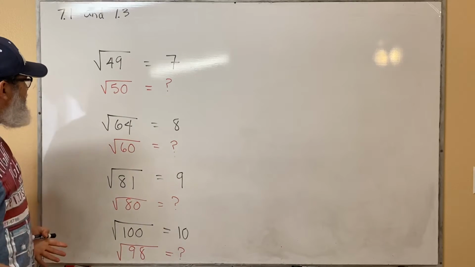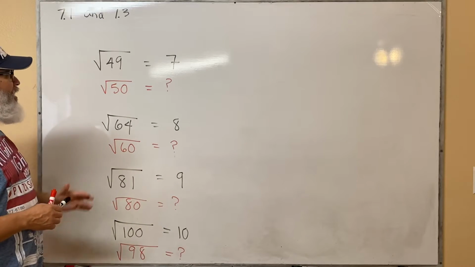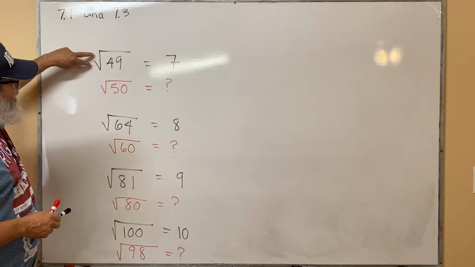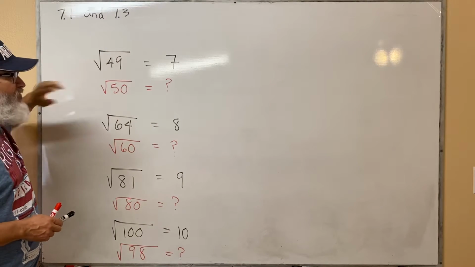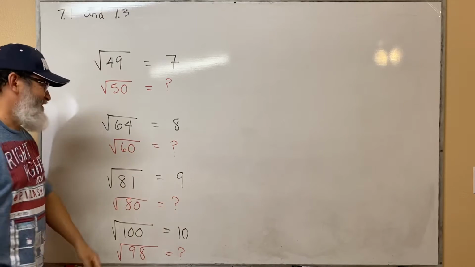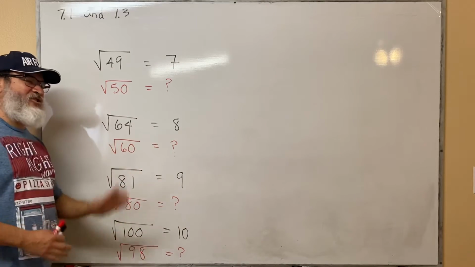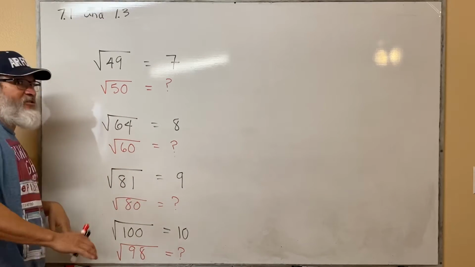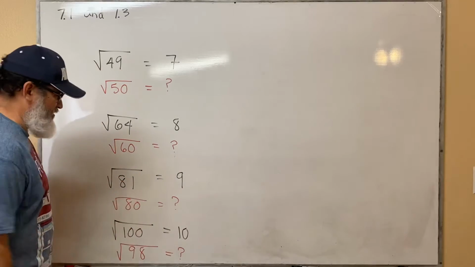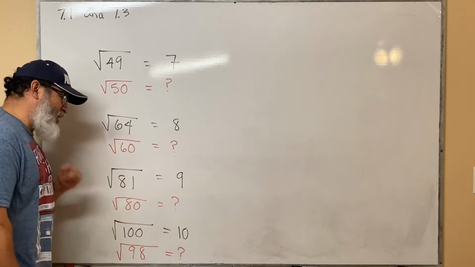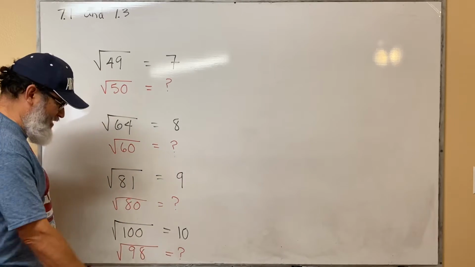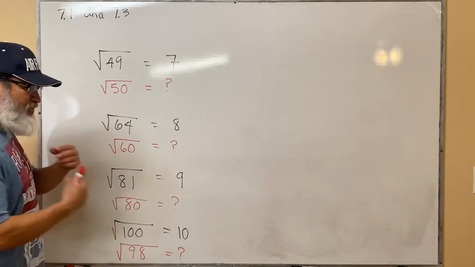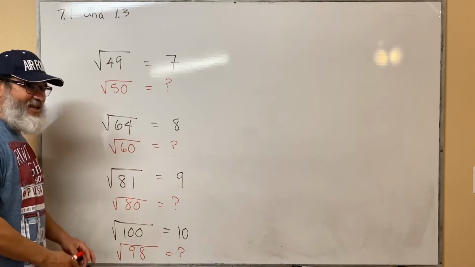So what's the problem? Why is it that the square root of 49 we answer right away, but the square root of 50 we stumble? The square root of 64 we answer right away, but the square root of 60 we stumble. The square root of 81 is 9, but the square root of 80 we stumble. And the square root of 100 with confidence, 10, but the square root of 98 we stumble.